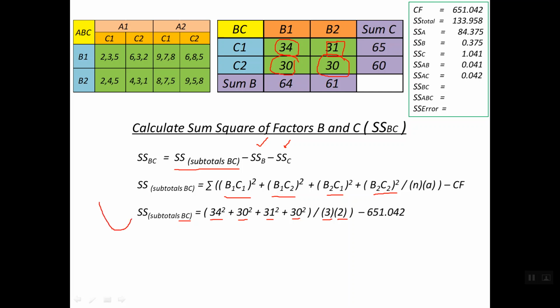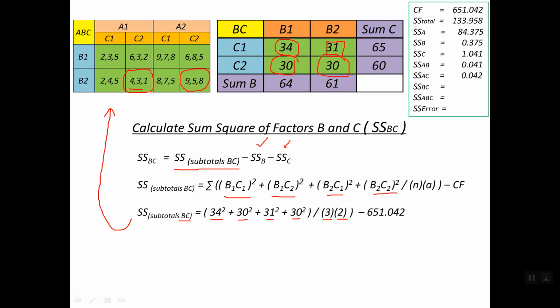Another way to get the 6 is to count from the main table. Let's say, for example, let's take the B2C2 combination. B2C2 contains these observations plus these observations. So the sum of B2C2 is the sum of these 6 observations.